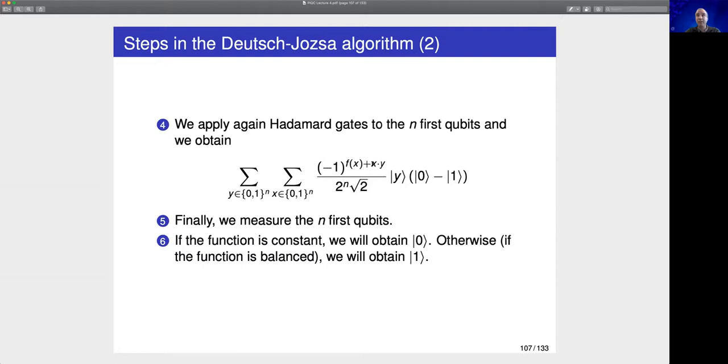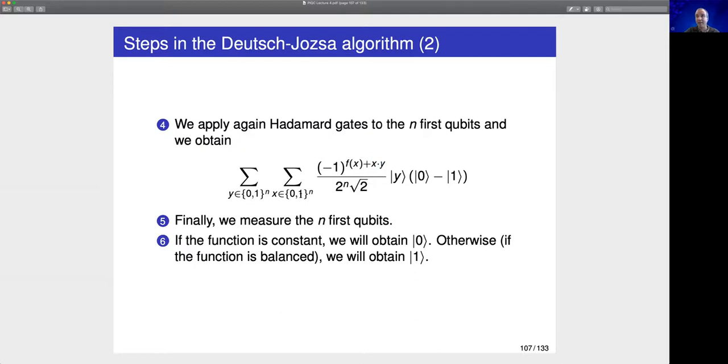And you will obtain that the new state is this double sum that we have here. So we still have the phase that was introduced by the oracle, and now we have a different phase that is introduced by the second column of Hadamard gates.